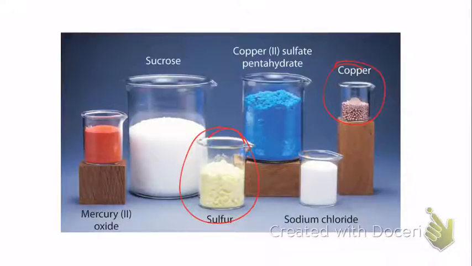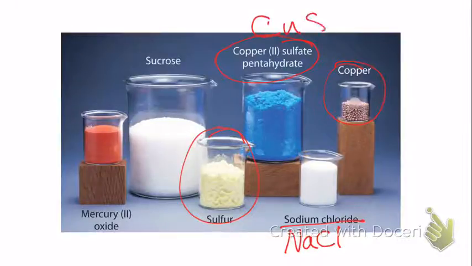They're very different. We're going to show you real life samples of these elements in class. And then we have compounds like sodium chloride, which has a formula of NaCl, and it is a 1-to-1 ratio. And then you have copper sulfate, and its formula is a little bit more complex.